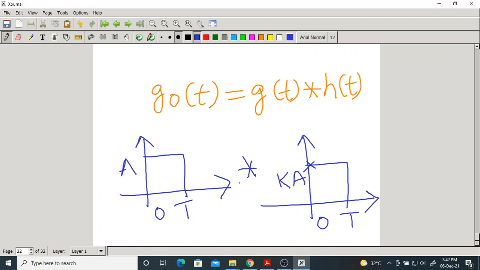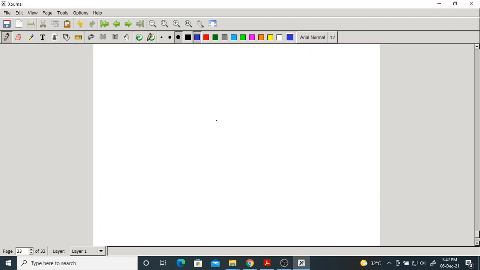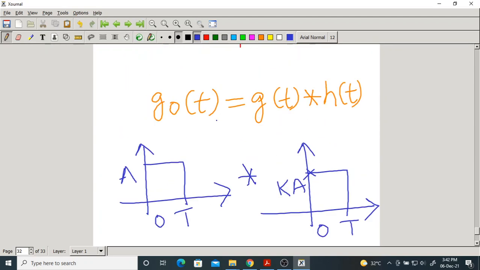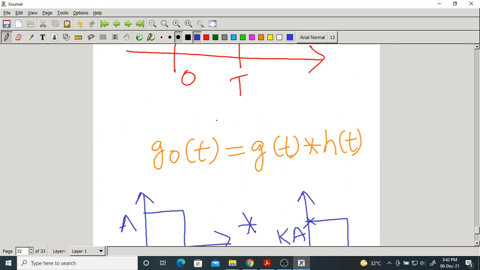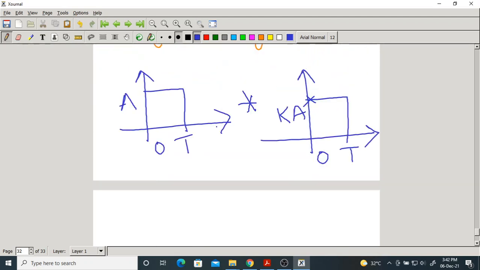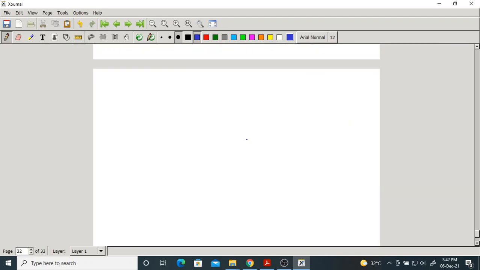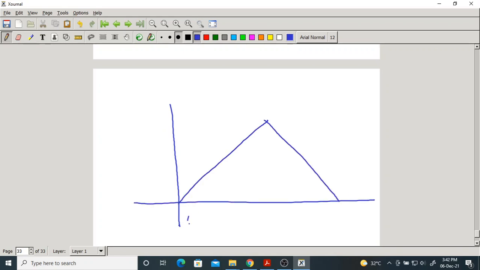Okay. Now what is the output of the filter? I am not asking what is the impulse response of the filter. What I am asking is the output of the filter. What will happen now? So convolution of two rectangles becomes a triangle of double width. Zero to 2T.